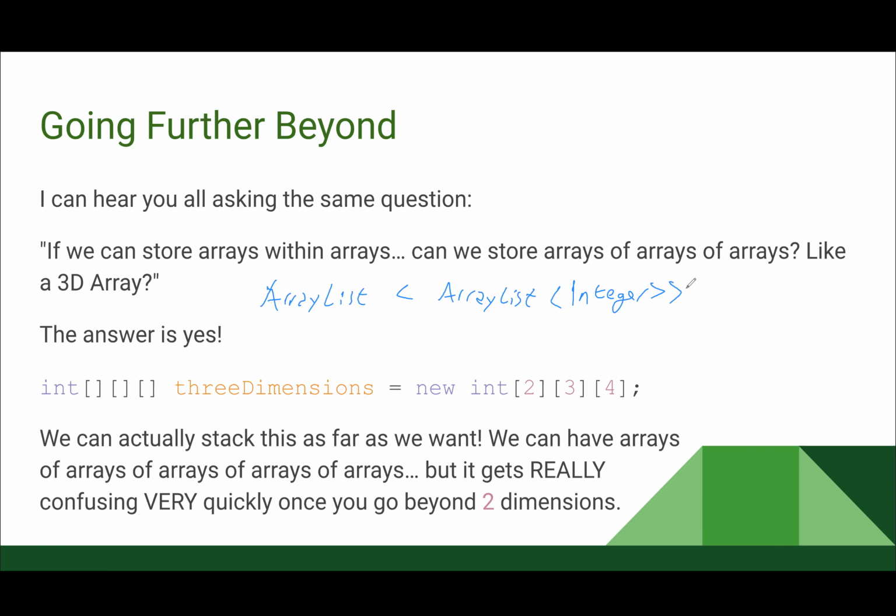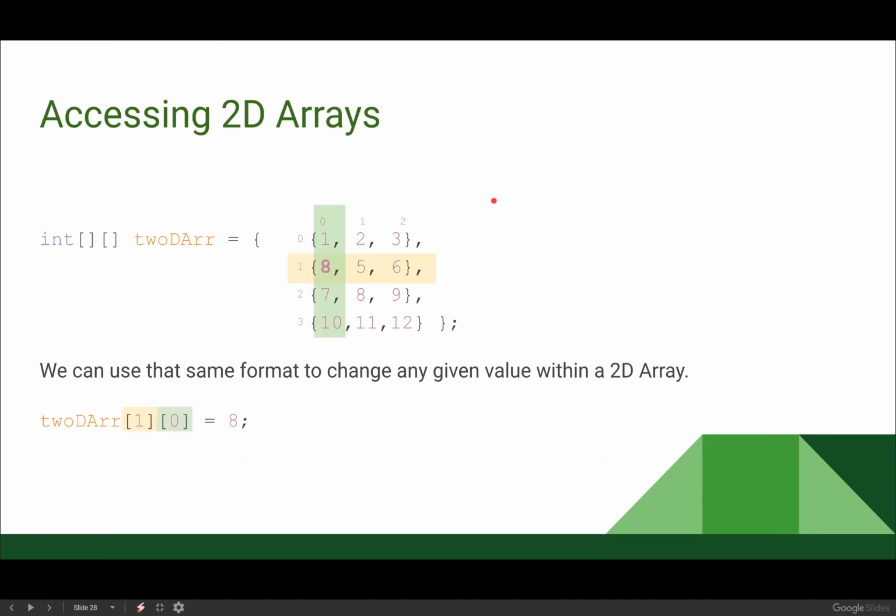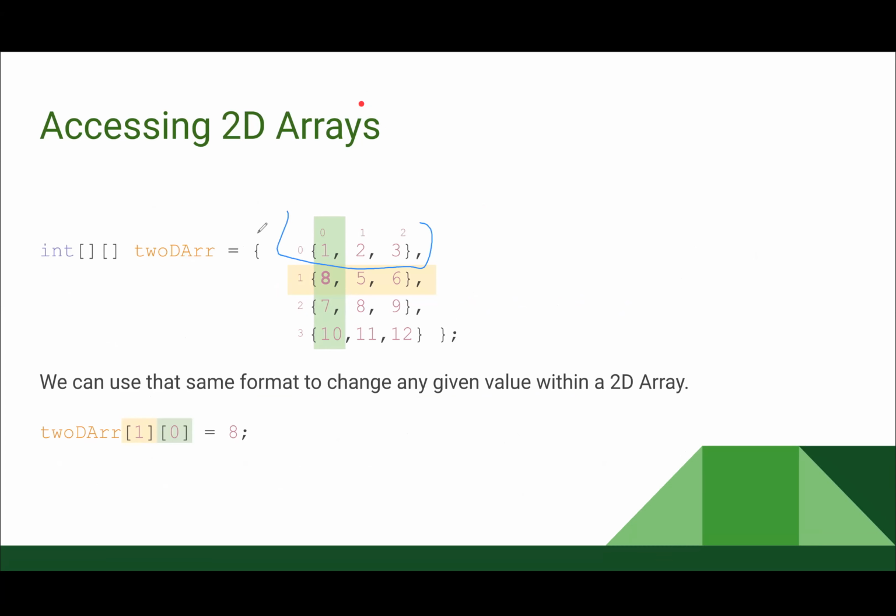Now, if we go back to 2-dimensional regular arrays, let's say I initialize my array like this. If I want to update one of my rows altogether, I want to completely replace it, what we would need to do is make a new array.